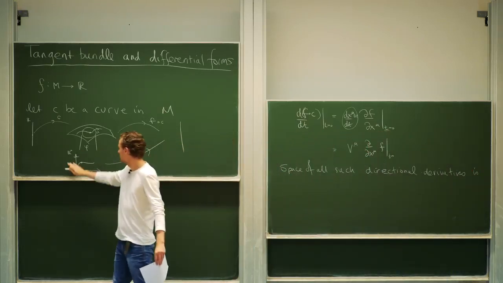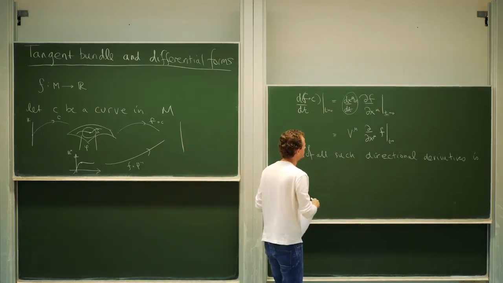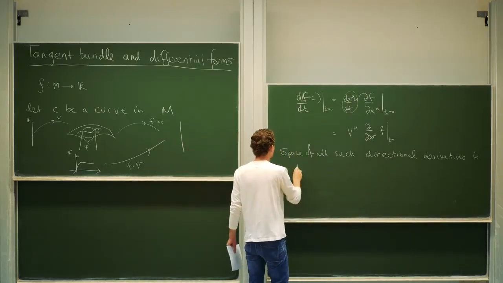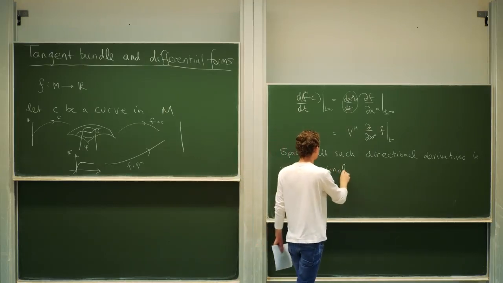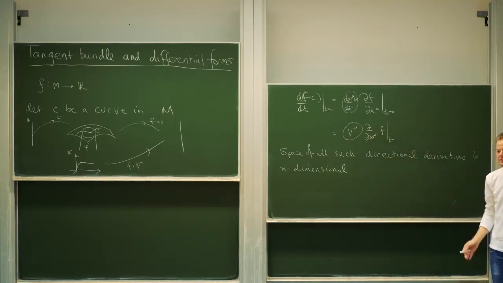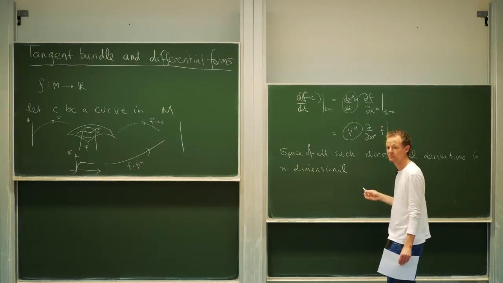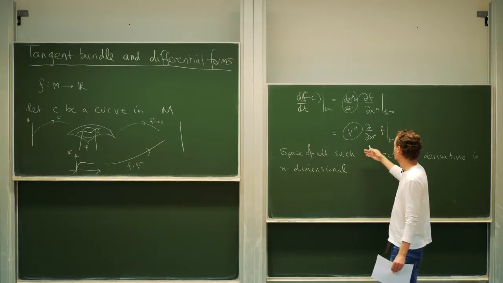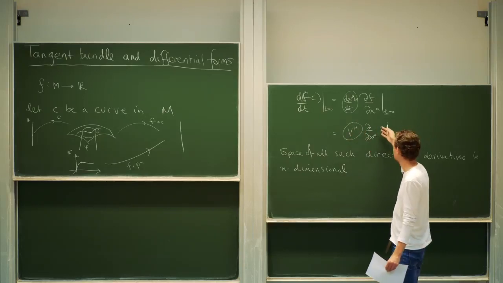This is our coordinate chart here. And it's spanned by all vectors of the form v. So for every vector v in some n-dimensional vector space, we get a directional derivative. There exists at least one curve which gives us this directional derivative and vice versa.